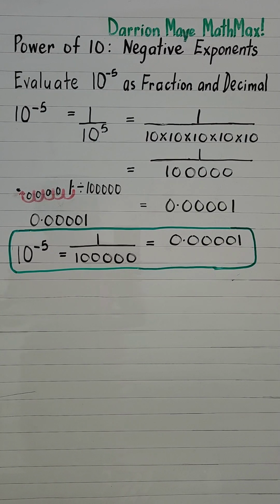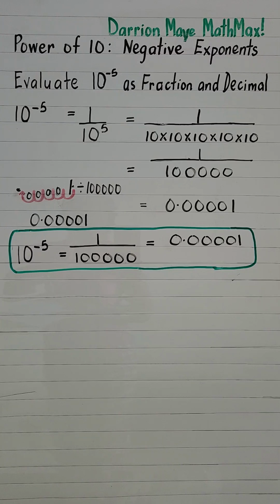10 to the negative 5. First, we rewrite the base 10 as its reciprocal, which is 1 over 10. And then we write the negative exponent, leaving off the negative sign.